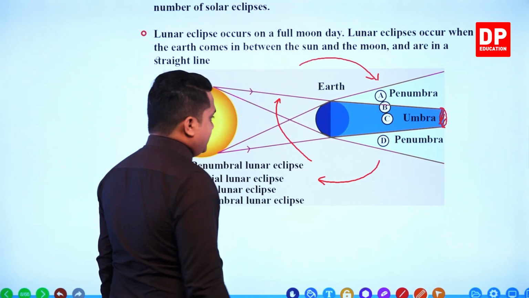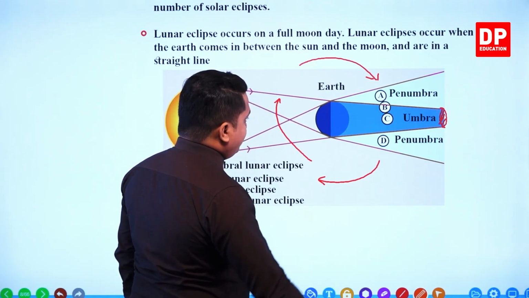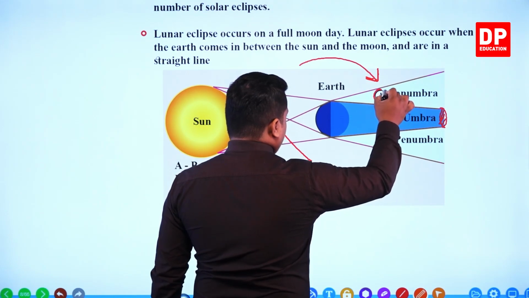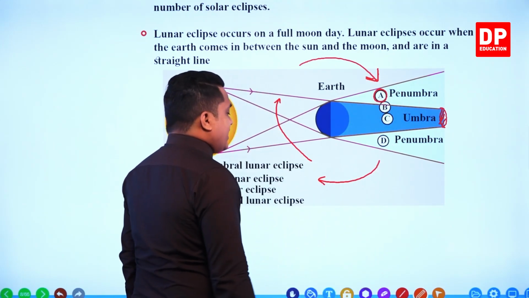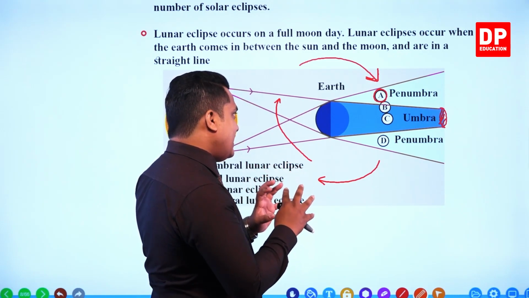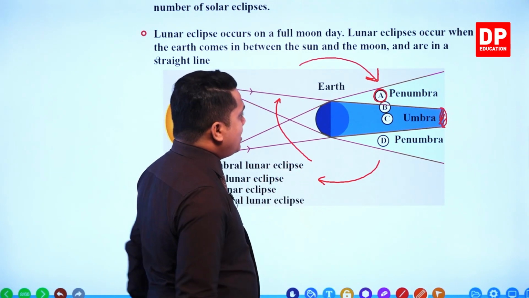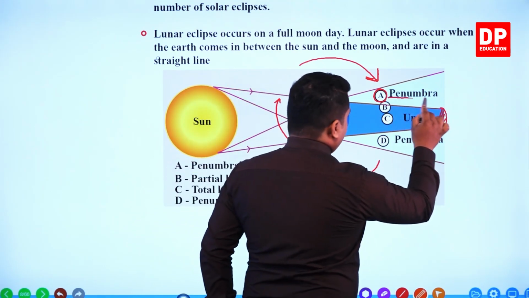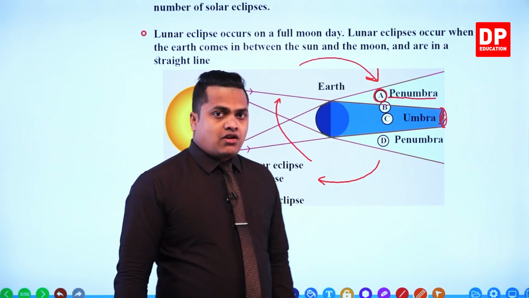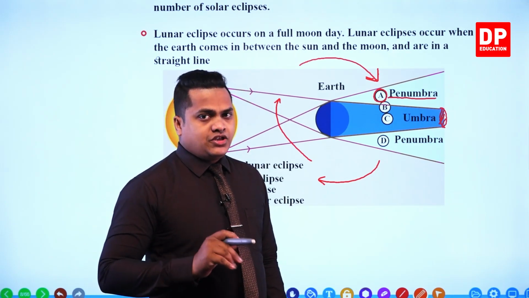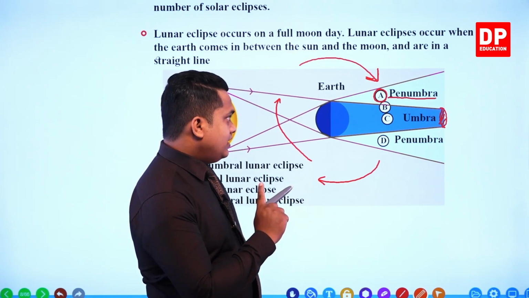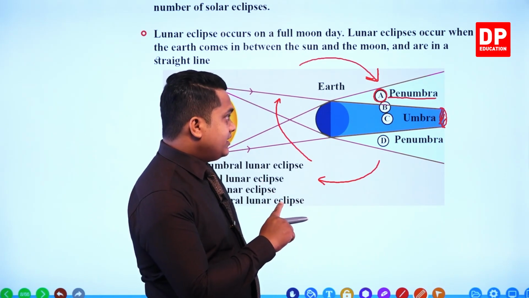Now the first and foremost position, you can observe, is position A. Here you can see that the entire moon is located within the penumbra region of the planet Earth, as you can see in the figure.